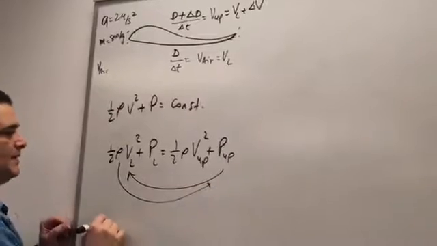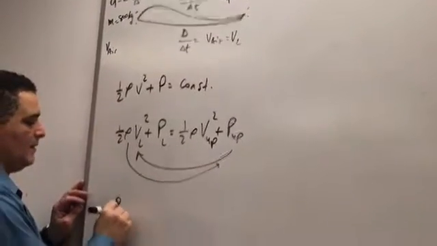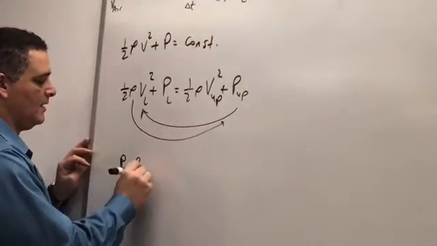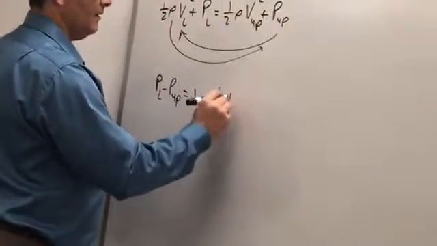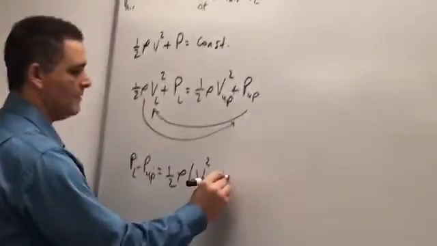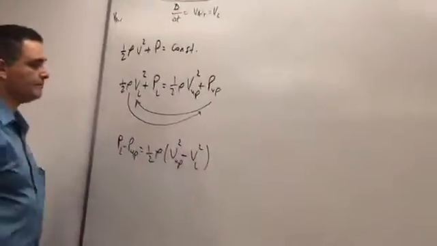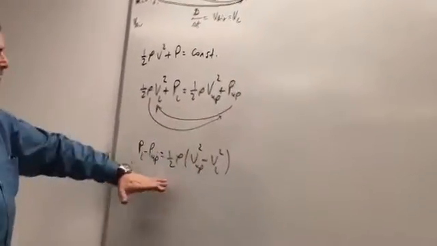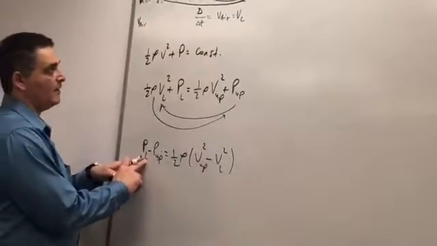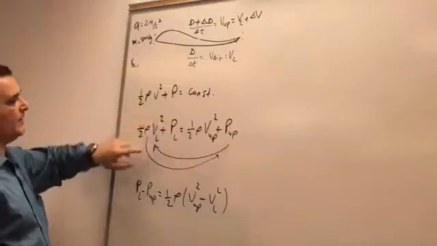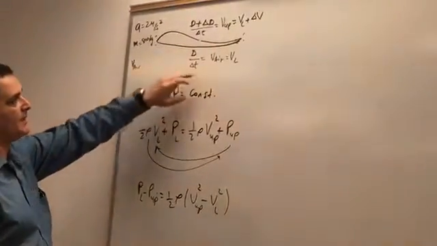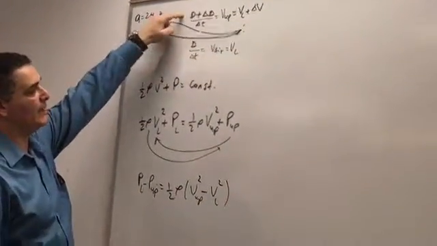So we're left with P lower minus P upper equals 1/2 rho times V upper squared minus V lower squared. All I did was move these around. Now, the lower the speed, the higher the pressure, and the higher the speed, the lower the pressure. So the pressure on the bottom is greater than the pressure on top.